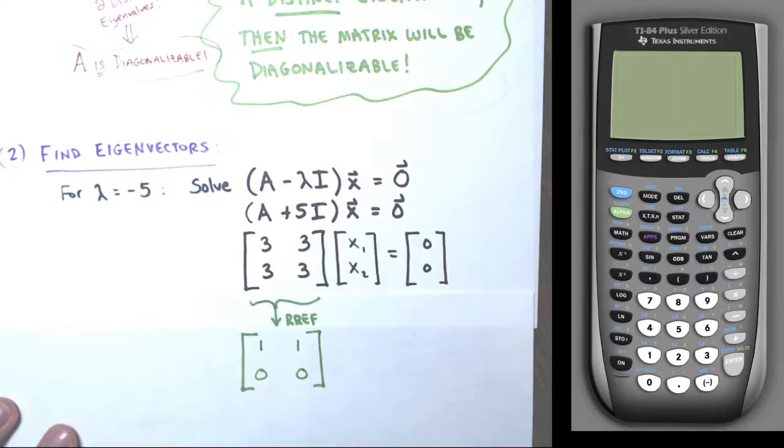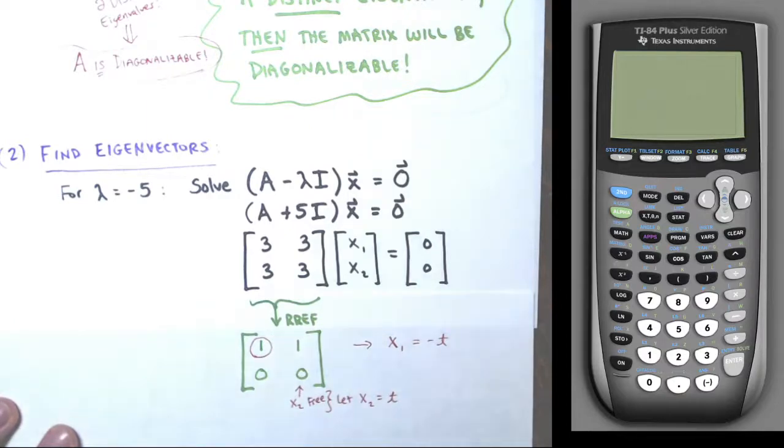All right, so we see here that, looking at the pivots, x1 is basic, x2 is free. And again, you know me, I like to replace my free variables with other parameters that can take on any real number value, so say x2 equals t. And then from that first row, remember there's a 0 on the other side. This is x1 plus x2, so plus t equals 0, meaning x1 is the opposite of t.